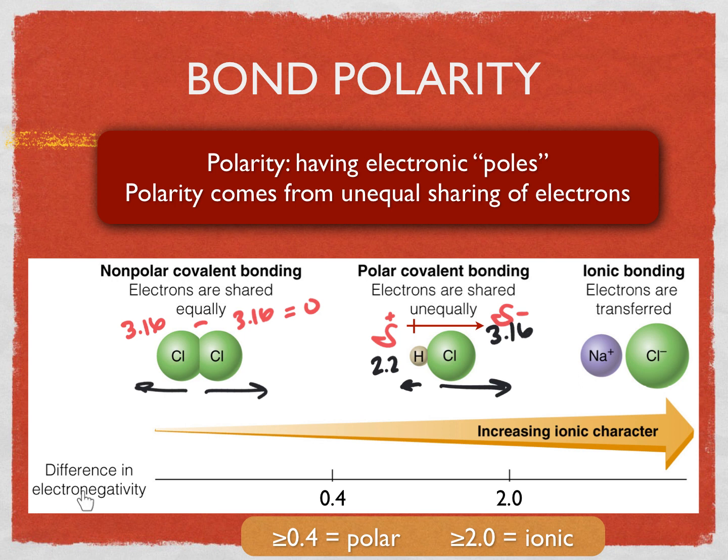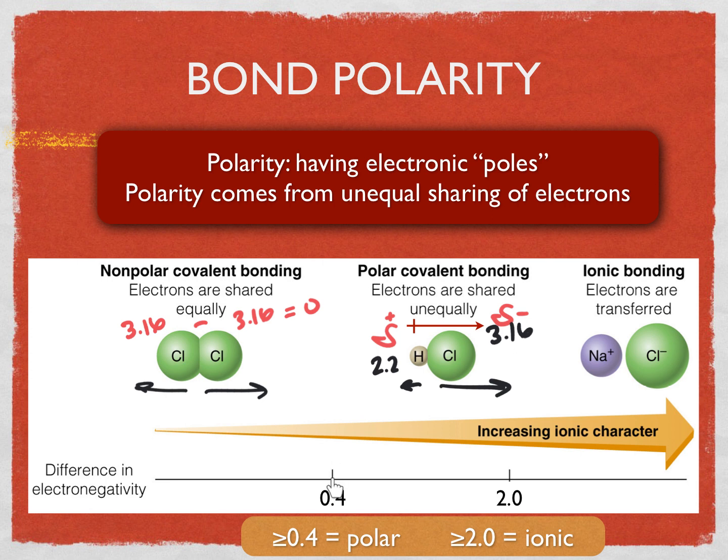Now if you look down here at the bottom, we've got a little scale to help you. If you're taking a look at two elements and you subtract or take the difference in their electronegativity, and that difference in electronegativity is 0, well, we consider that a nonpolar covalent bond. But if you have any difference in electronegativity that's greater than 0, then it begins to become more and more polar.